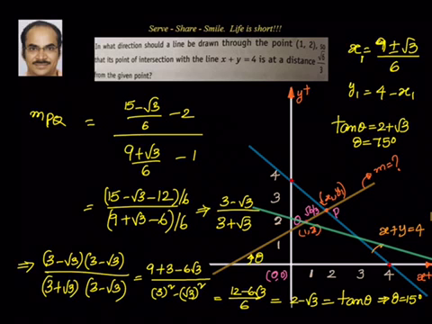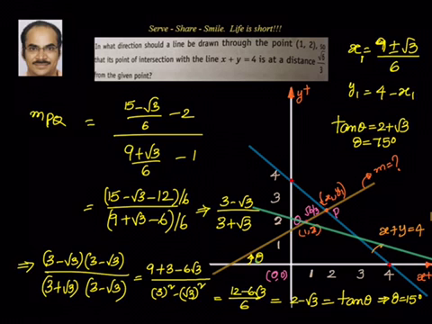That guy will go like that, and he will be making an angle of 75 degrees, passing through 1, 2 with the same distance, root 6 by 3. So one is 15 degrees, the other is 75 degrees. Okay, now let's understand how to do this problem.